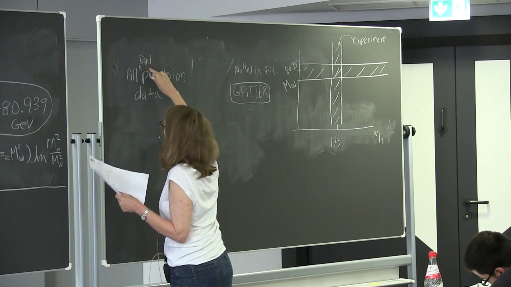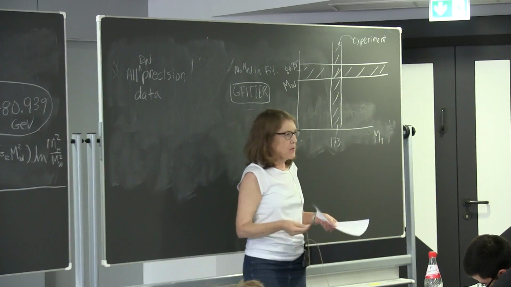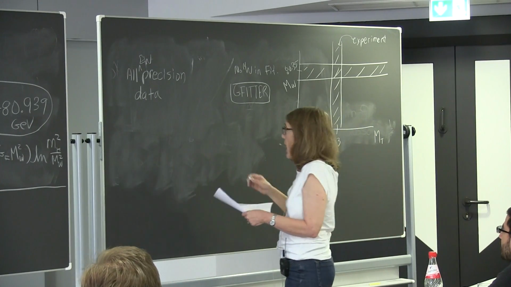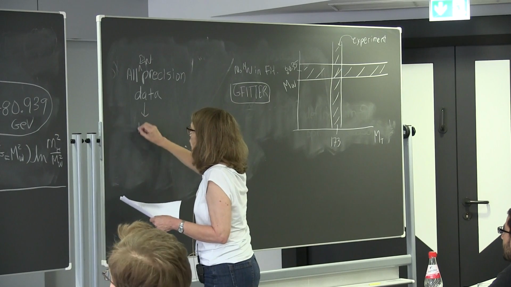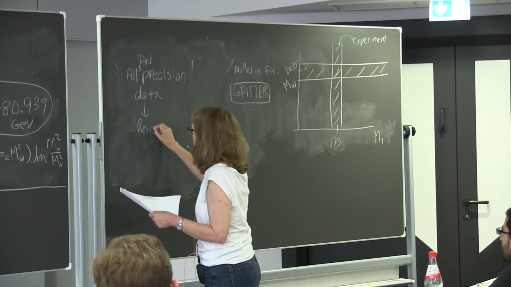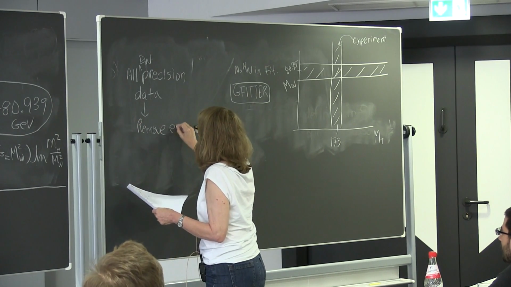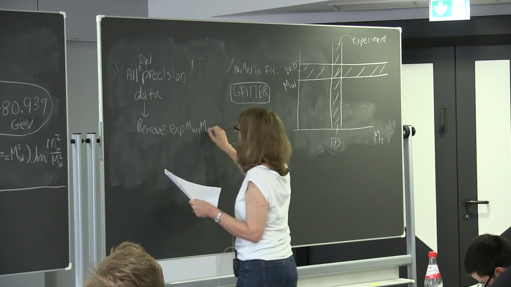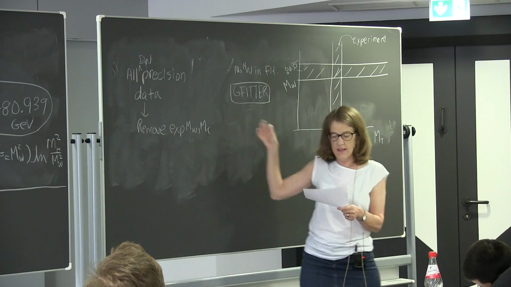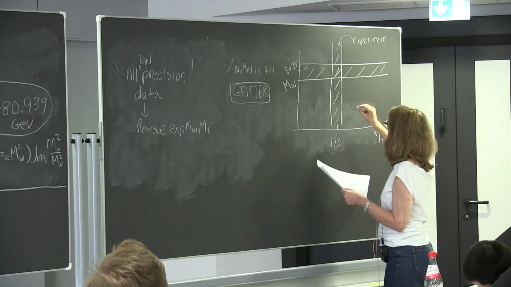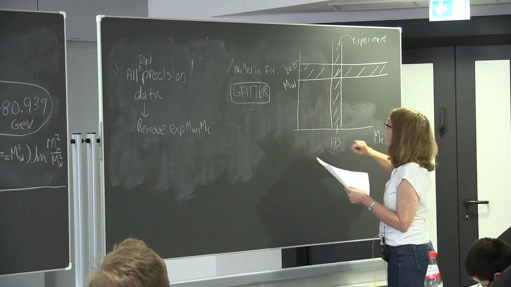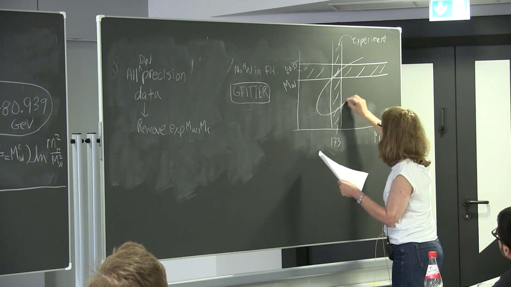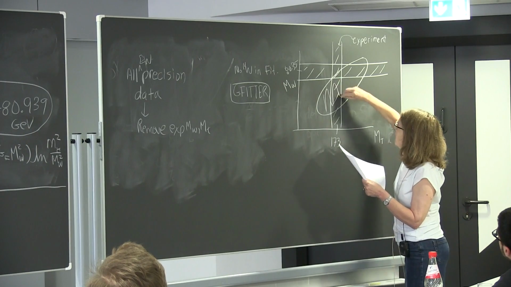So all the stuff that depends on the W mass and the electroweak couplings and W exchange, and I'll remove experimental MW and MT. So I'll fit to everything I know, but I won't fit to these measured values. Okay, so the fit comes out that MW is a little bit high, and the fit sort of looks like this. Okay, so here's the fit.